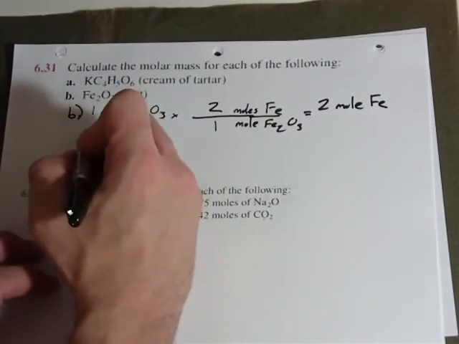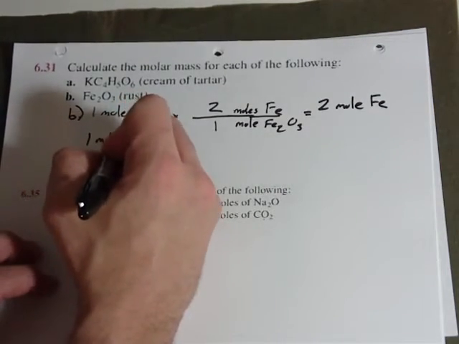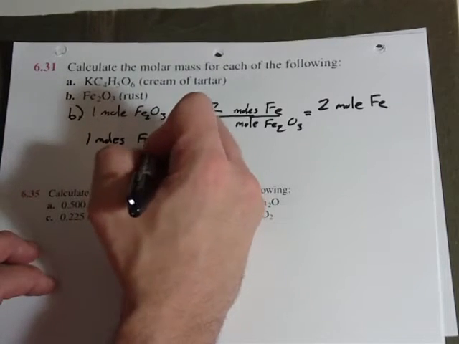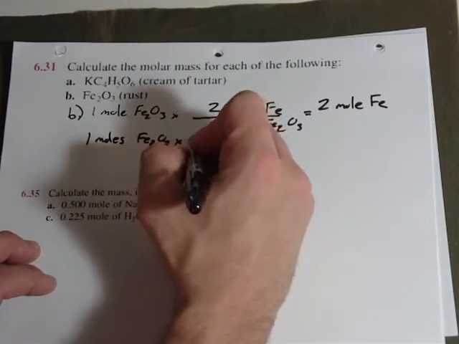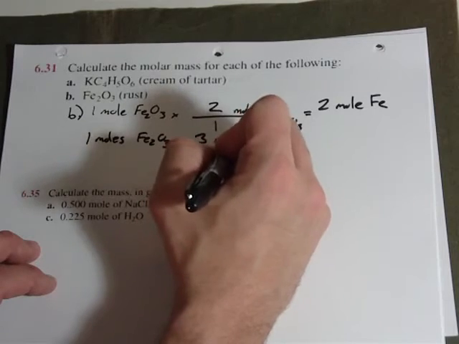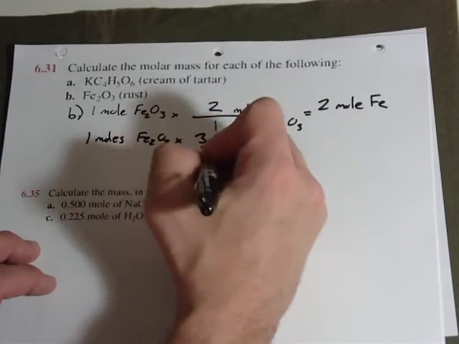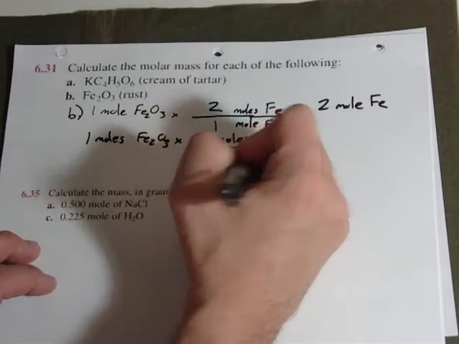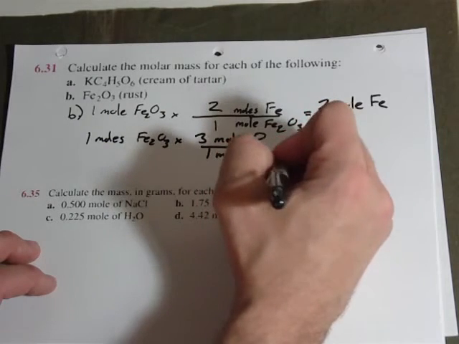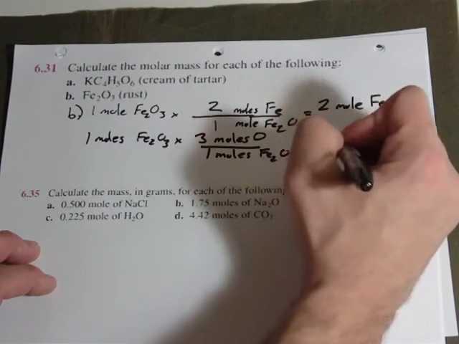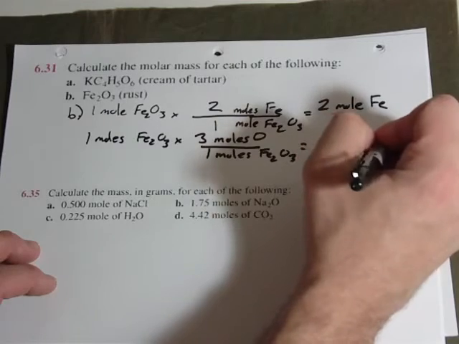Then in 1 mole of Fe2O3, there's going to be 3 moles of oxygen per 1 mole of Fe2O3. And so that's 3 moles of oxygen.